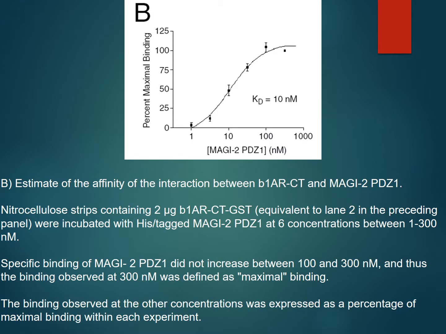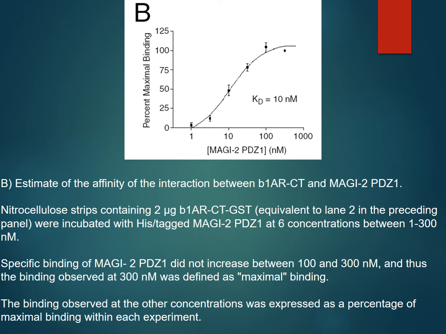And this is probably more biochemistry, but once they knew that these two proteins interact, they actually tested in nanomolar amounts of this MAGI how much a certain amount of B1 adrenergic receptor could bind to it. So they had strips containing 2 micrograms, and they were incubated with the MAGI.